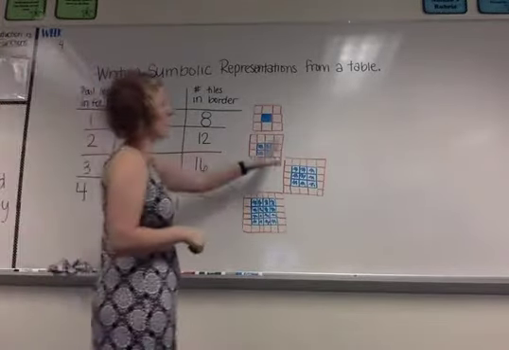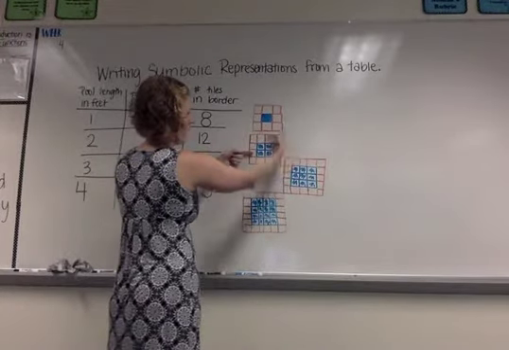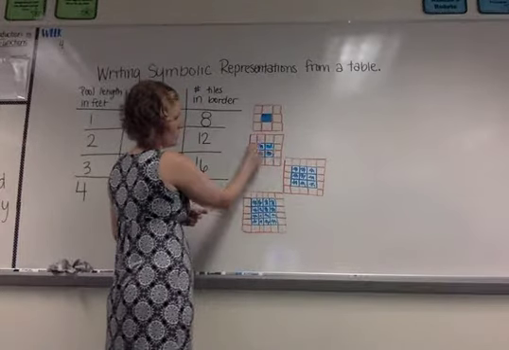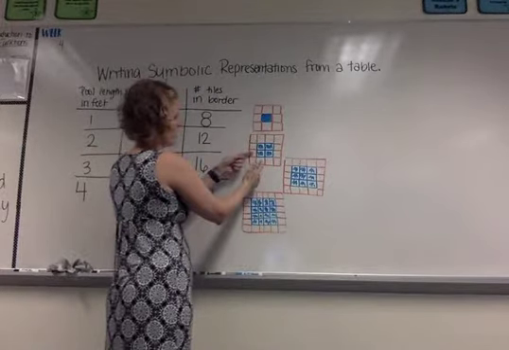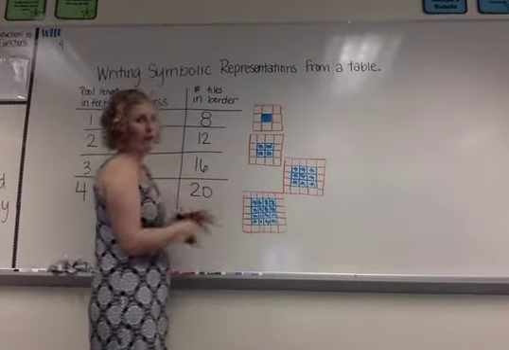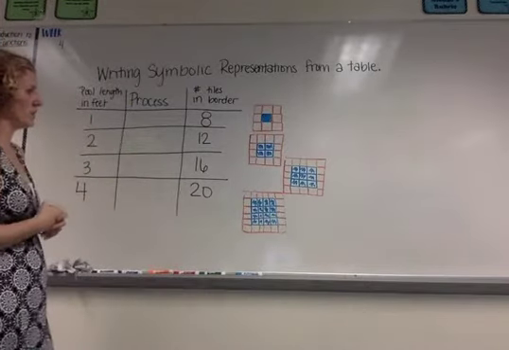There are 4 more on each one because you have to add 1 to each side. From this one, there's only 1 on each side. This one has 2 on each side. So that's where the 4 more comes from: 1 here, 1 here, 1 here, and 1 here to add to the total number of tiles in the border.